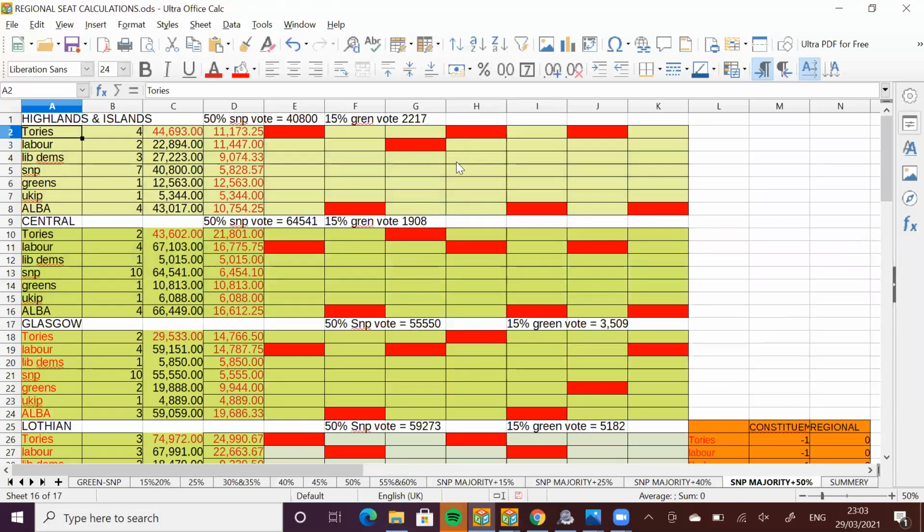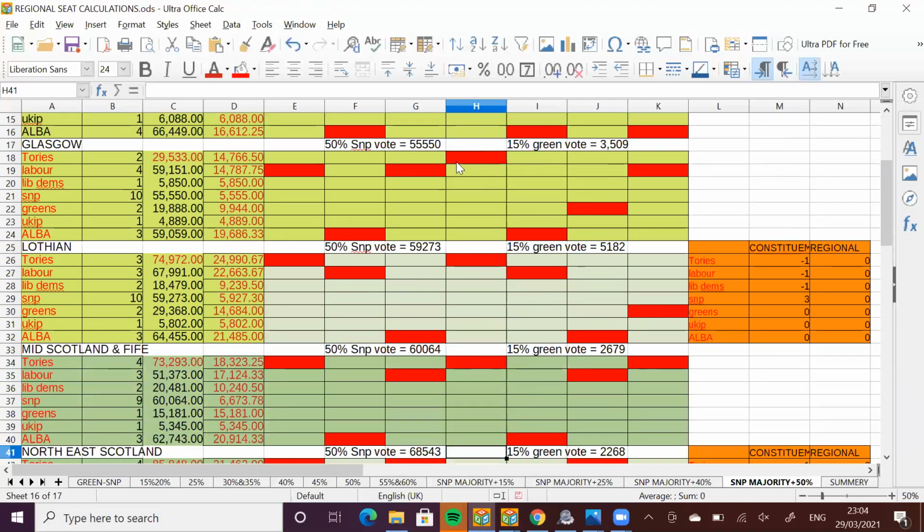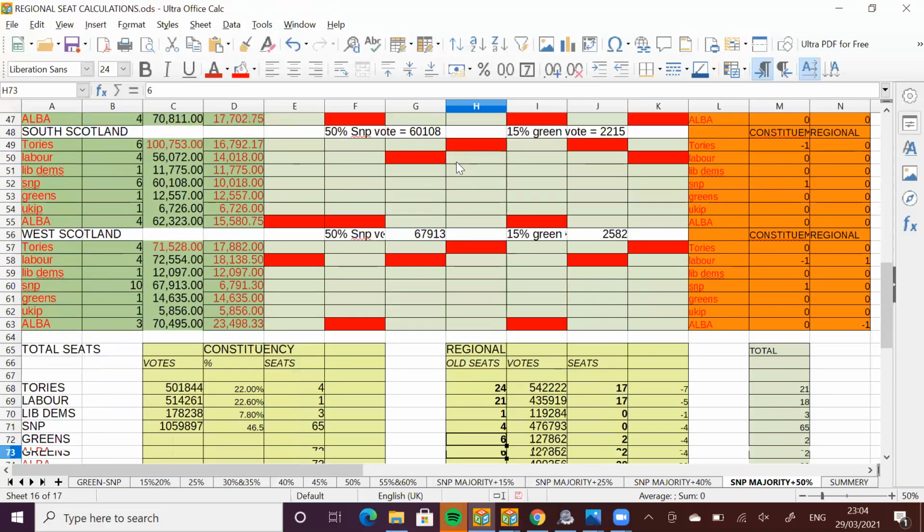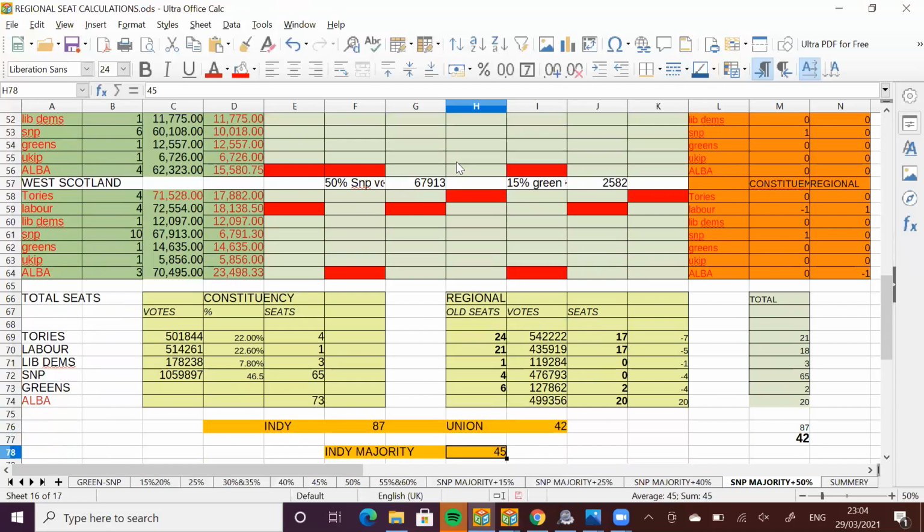And then at 50%, it's an Indie majority of 45. Which I don't know about you, but that would be a very sweet majority to win for me.